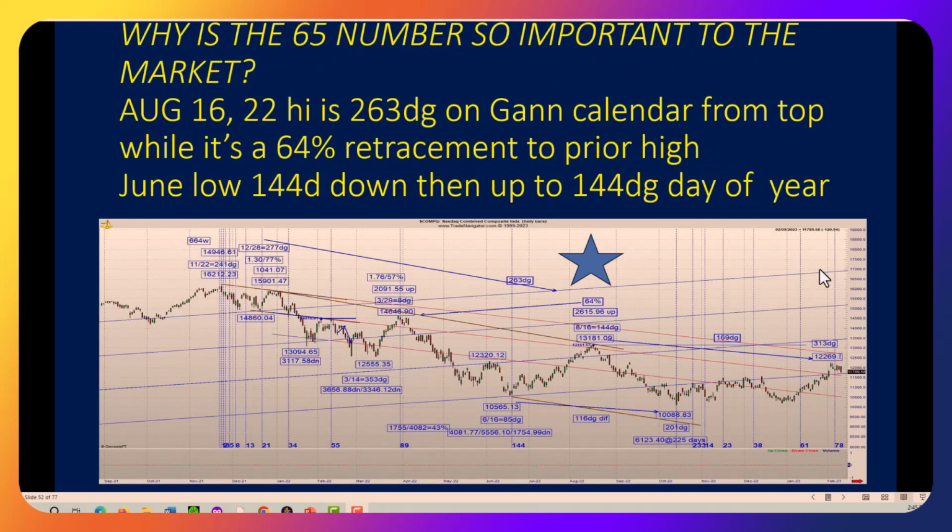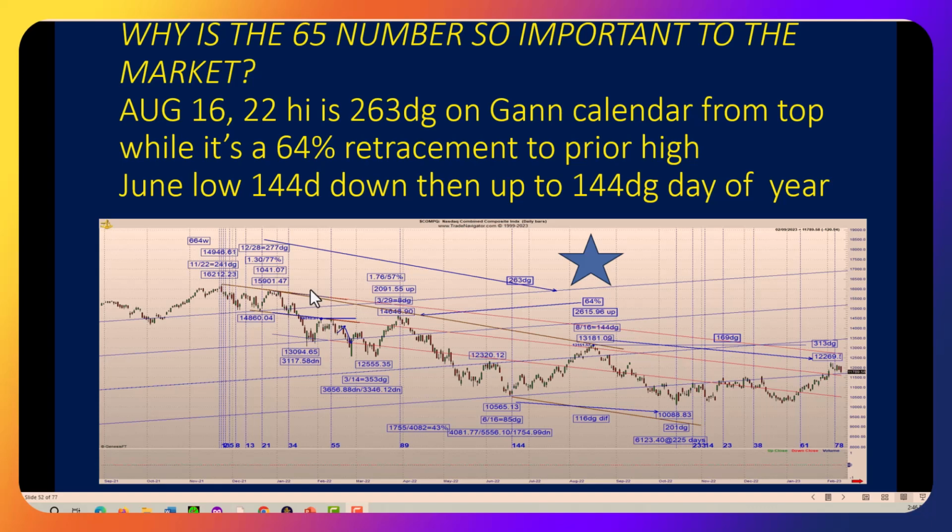Now I'll show you part of this first, although I know it's going to be hard to see. I have another slide coming right behind this. But this is a Gann calendar. This is the Gann calendar for the first part of the recent bear market that went from November 2021 in the NASDAQ all the way into October 2022.